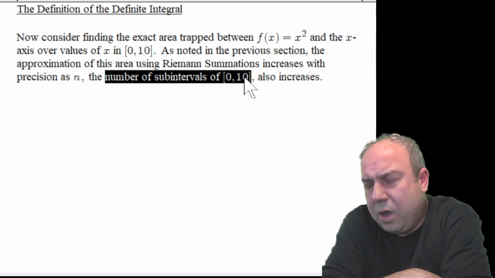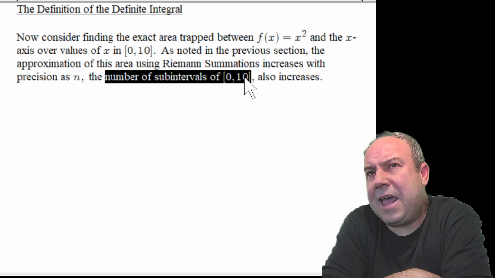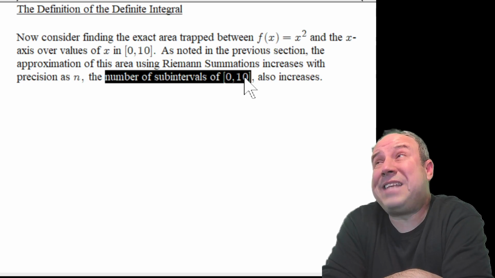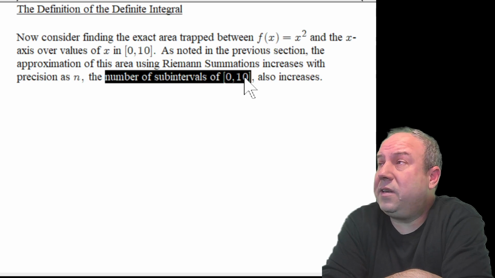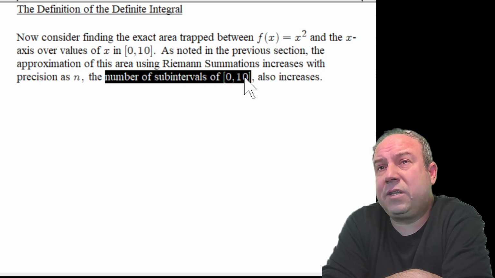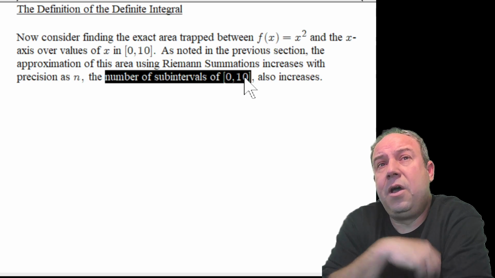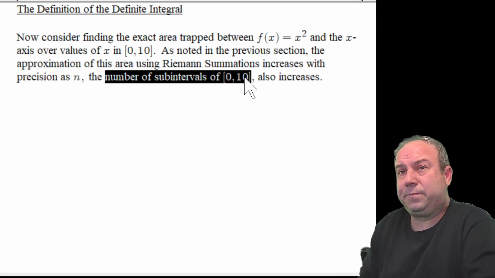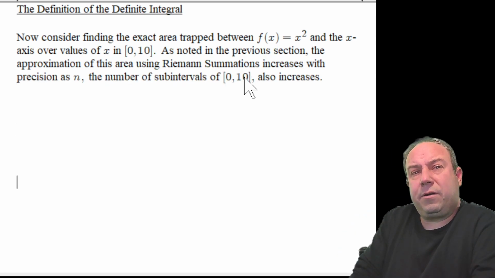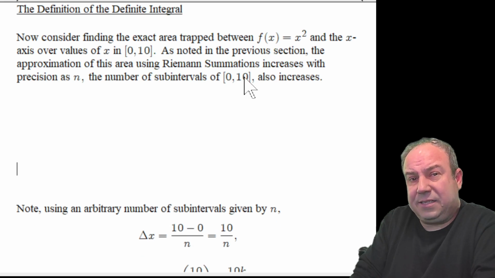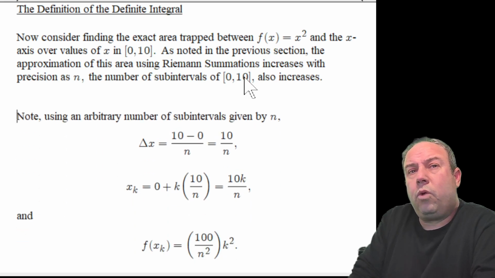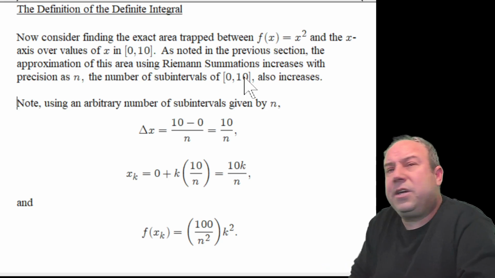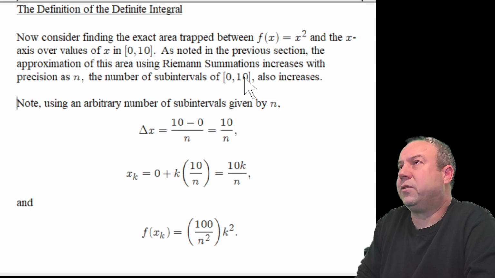All right. Well, we are going to look again at that case and now consider finding the exact area, right? What we had done before in the previous section was look strictly at an approximation, a really good approximation when we increased our number of subintervals. In this case, what we're going to consider doing now is using an arbitrary number of subintervals.